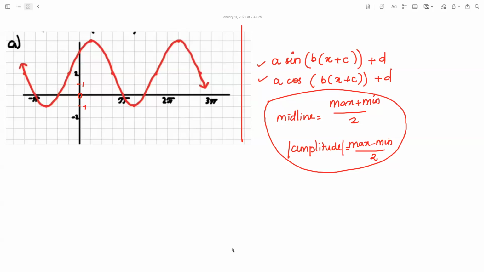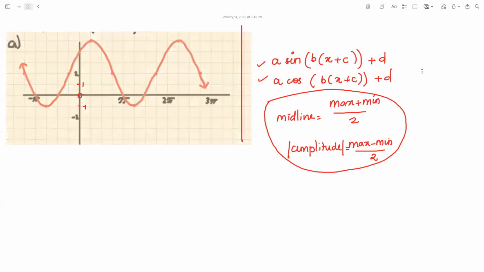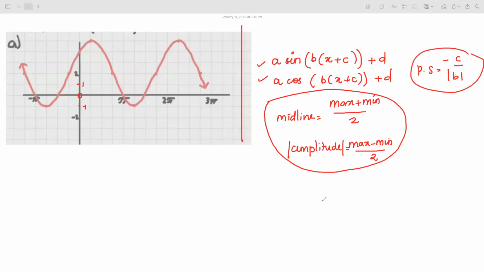Okay. One other formula that I wanted to introduce is that you can also calculate phase shift. This is all correct, I verified. Phase shift will be equal to minus C by B. You can use this formula to calculate phase shift. Now I'm checking your answers, guys. Many of you have answered, right?